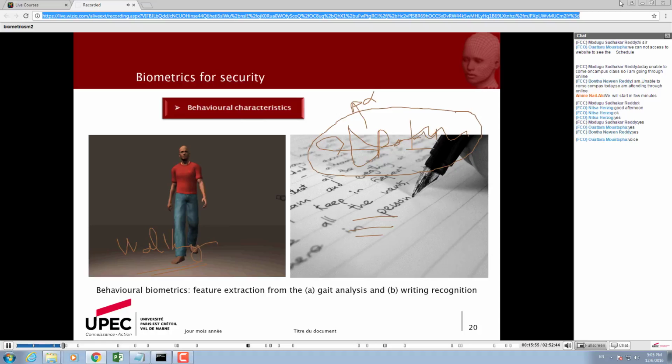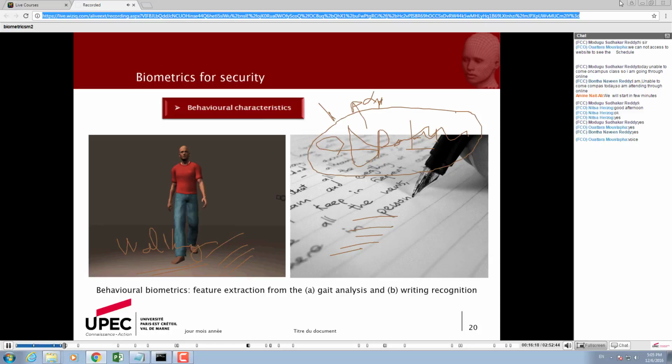You have data, and from your data you can extract parameters, and these parameters we call features. So you can have one feature, 2, 3, or n features in general. So walking is a behavioral biometric.